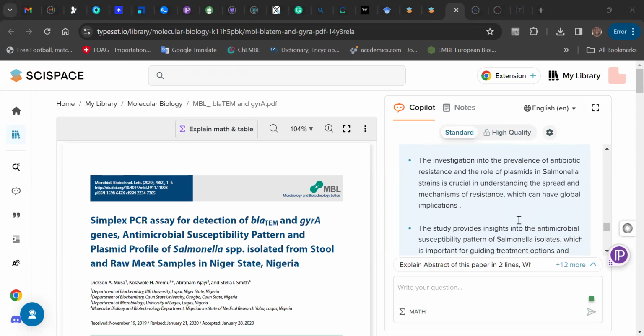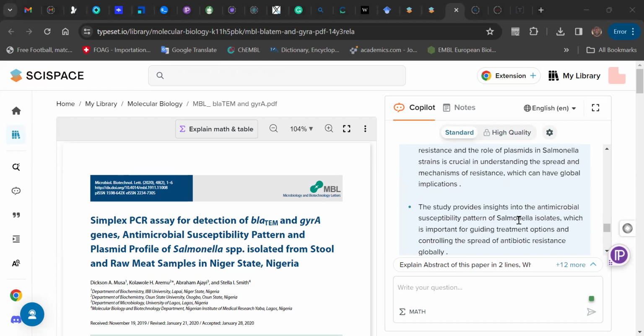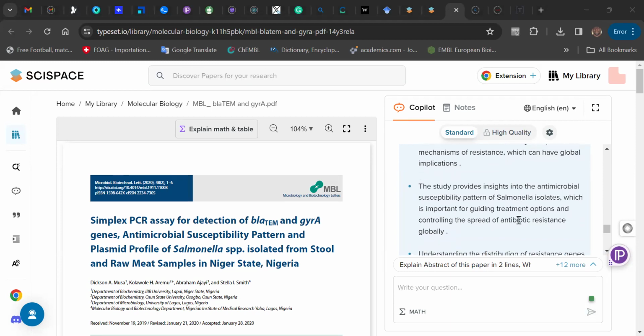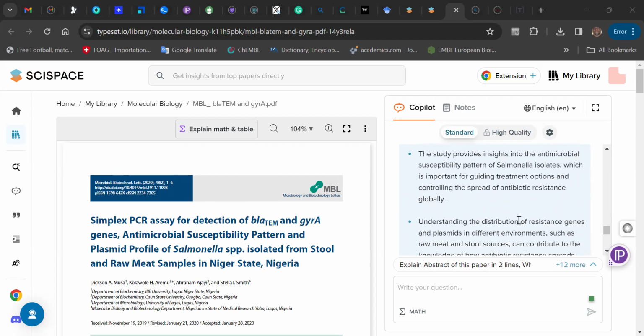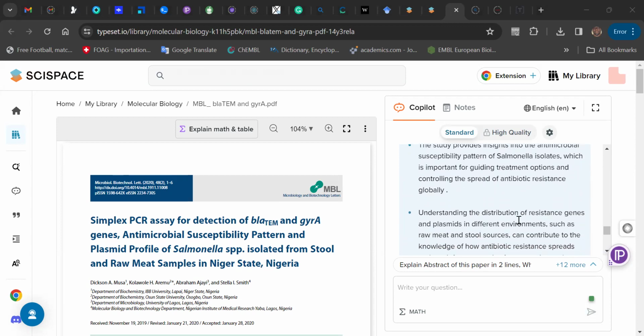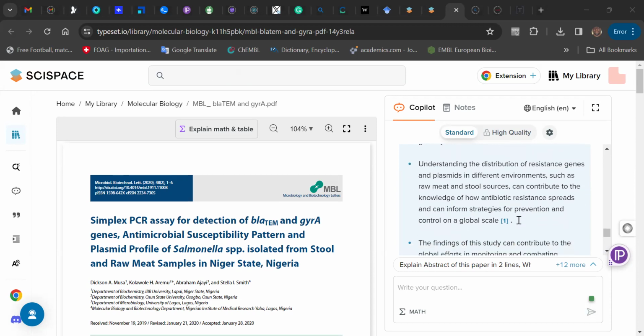The investigation into the prevalence of antibiotic resistance and the role of plasmid in Salmonella strains is crucial in understanding the spread and mechanism of resistance, which can have global implications. The study provides insights into the antimicrobial susceptibility pattern of Salmonella isolates, which is important for guiding treatment options and controlling the spread of antibiotic resistance globally.